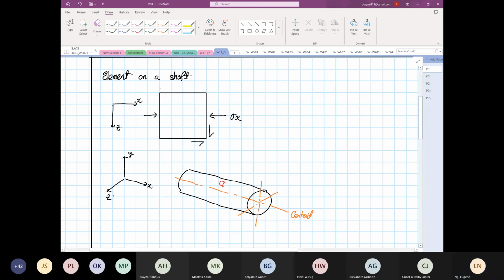And this is our shear. Our plane is intersecting the x-axis. So the plane intersecting the axis is x, and the direction of the shear is z. So this is shear zx. Now, when our stress is loaded in this way, we have a load coming in this direction.